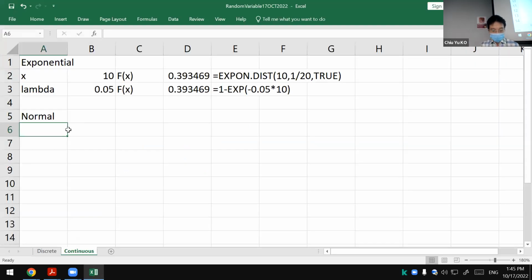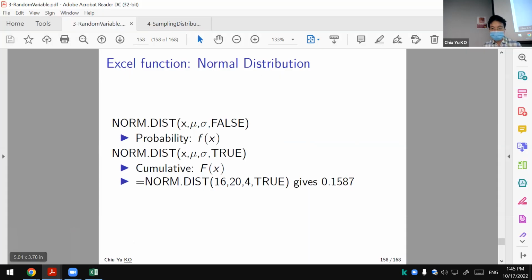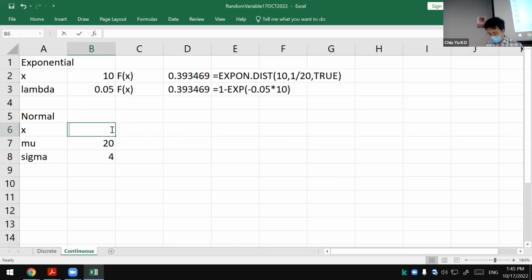The question is mu is this one, sigma is 4 because sigma square is 16. We want the probability that x is less than or equal to 16.